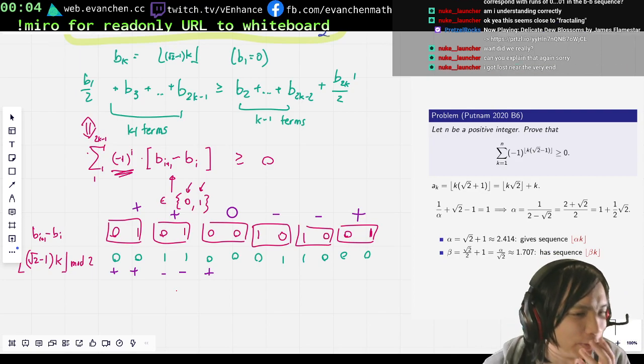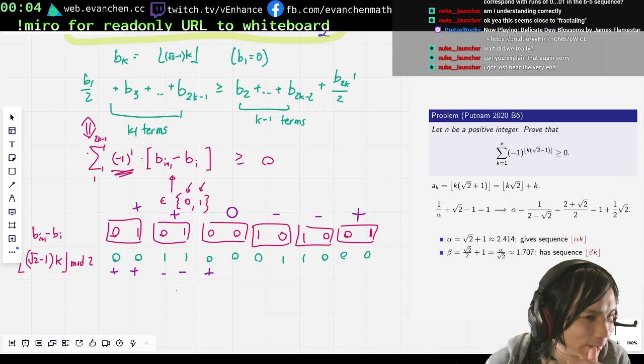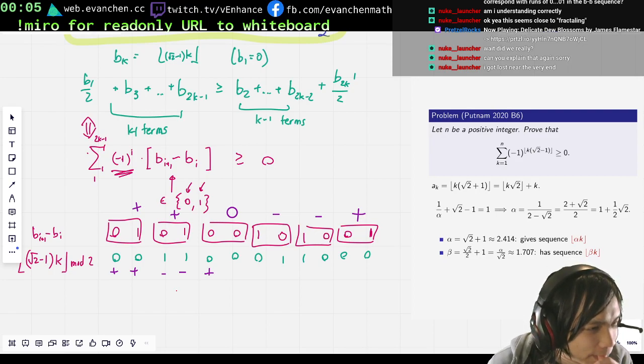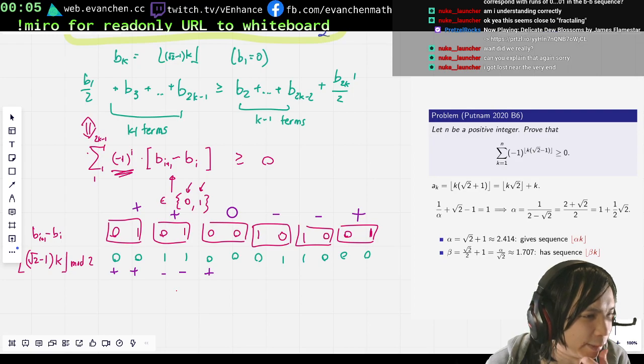I'm a little confused as well right now because... No, hang on. I'm stupid. I claimed the second collapsing somehow, and I didn't justify it.